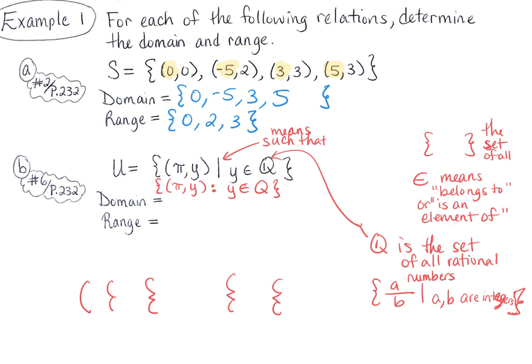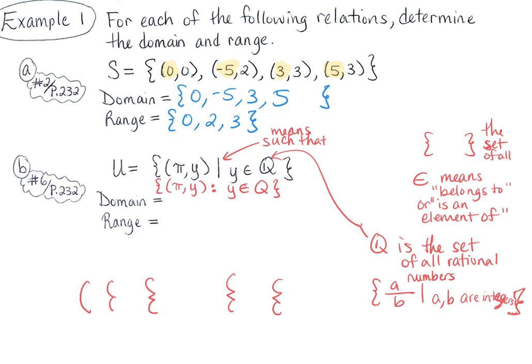Let's do it again. This is the set of all ordered pairs (pi, y) such that y belongs to the set of rational numbers. What does that mean? Y is a fraction. Y is a rational number. Are we good?